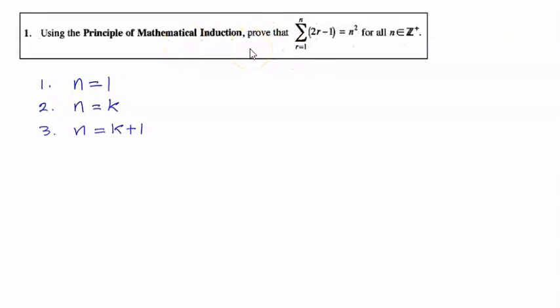Now, in A-level, to earn all the points, you kind of have to think about this as a 4-step process. After you are done with all these 3, you have to write in words that by using the principle of mathematical induction, the result is true.